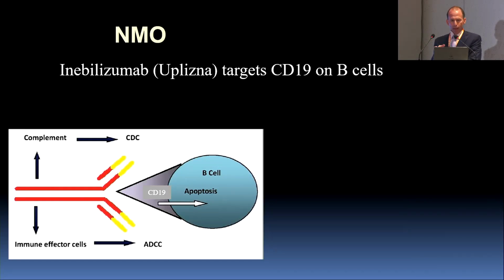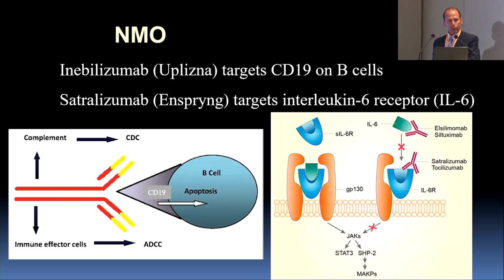The other drug that's been approved is satralizumab, which Ambika mentioned. This targets the interleukin-6 receptor. So on the left side of the figure, you can see that the interleukin-6 binds this GP130 protein, and then that starts the JAK cascade of inflammatory reactants.